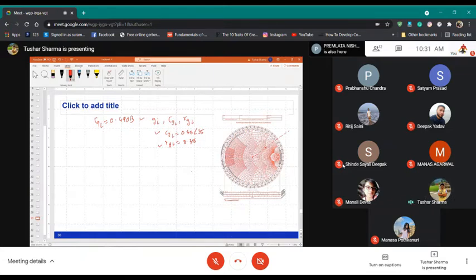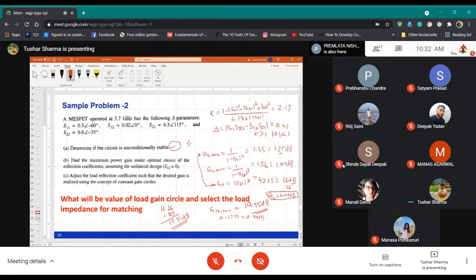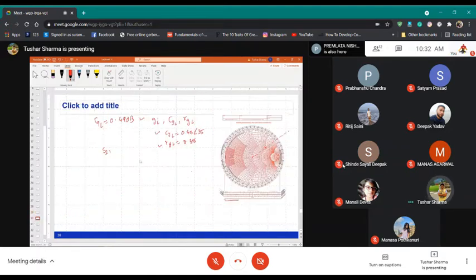And again, what is my S22 in this case? 0.6 minus 35. So for GL max, my max gain, I need to go to S22 conjugate, which will be 0.6 angle 35. So this is 1, and 0.6 will be here. So this will be 0.6 angle 35, and that is my S22 conjugate.